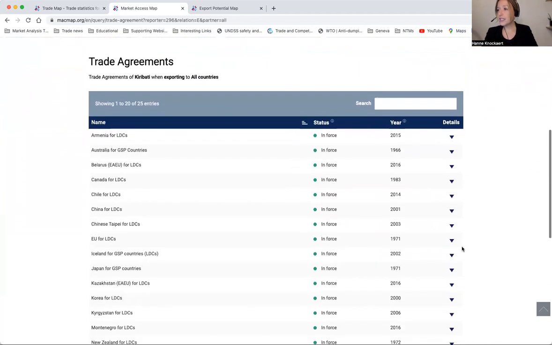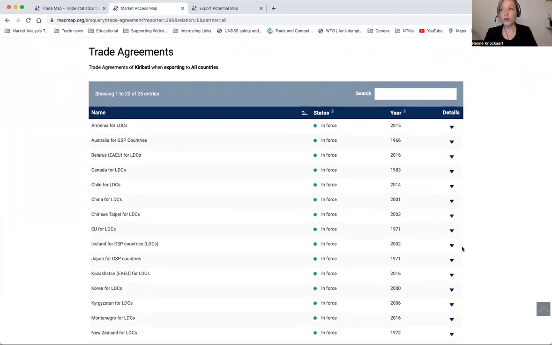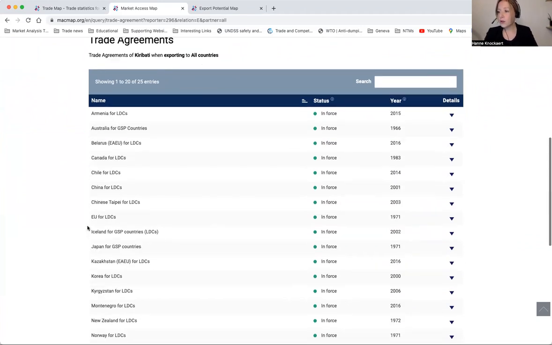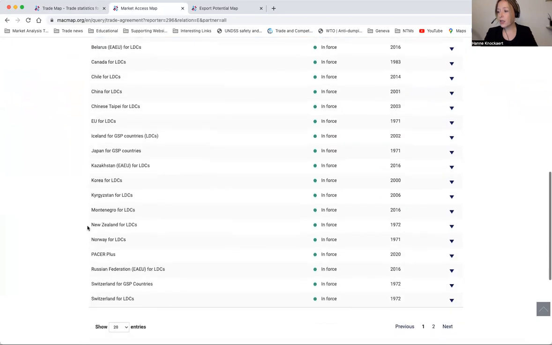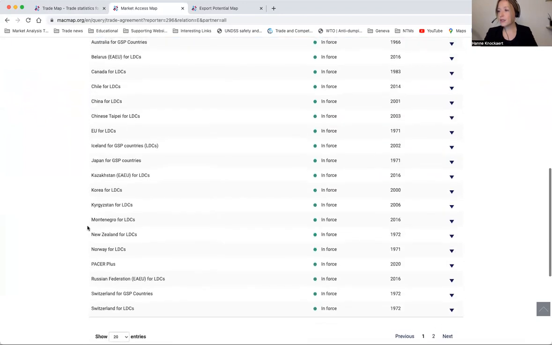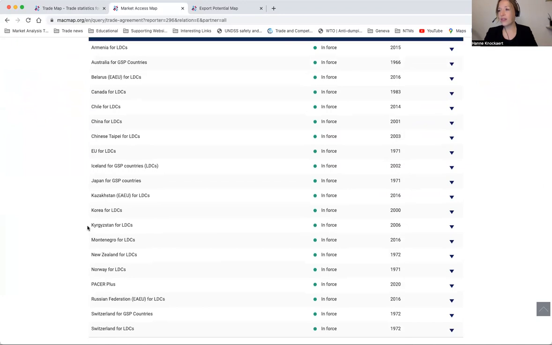And here you can see the list of all the in-force trade agreements Kiribati is involved in one way or another. So you were mentioning the PACER. I thought I saw it somewhere. PACER Plus, that's the one you were referring to, right? So this one has been in force since 2020.